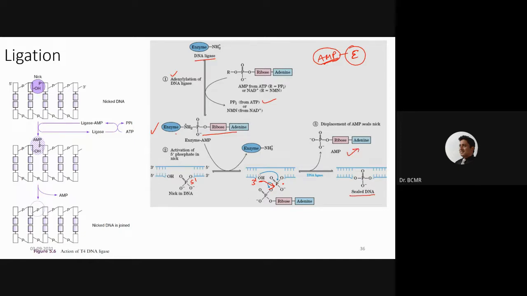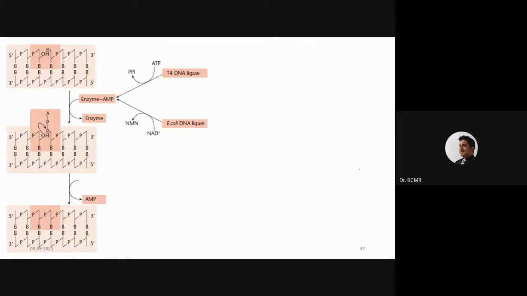The energy is thought to come from ATP in the form of AMP, which is donated to the 5' phosphate group, making it a good substrate for the 3' OH to attack and form a phosphodiester bond. Now the DNA is complete. Okay.